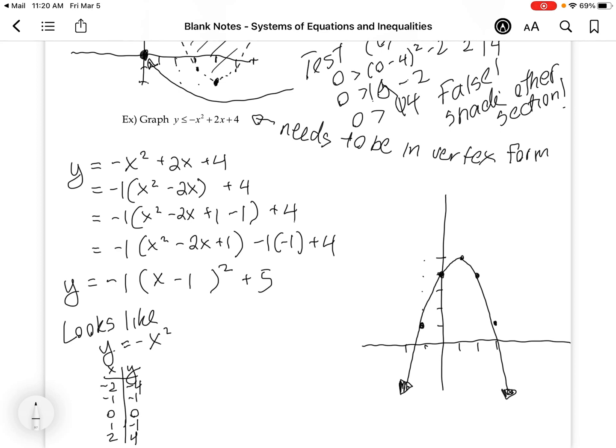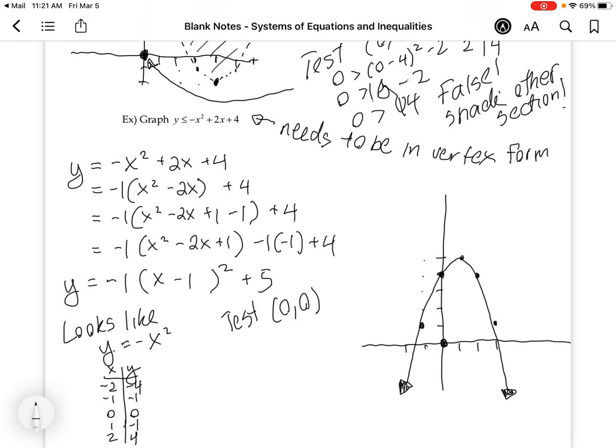Now, because it's less than, I'm going to predict that we're going to have to shade below the curve, but again, you could take a test point. So again, if we test 0, 0, we should test the original inequality, not the one where we completed the square, because if we made a mistake in completing the square, then our mistake won't show up in that version.